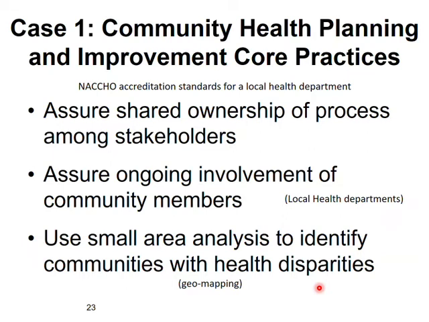improvement of core practices. The example we are going to look at here is local health departments trying to meet certain accreditation standards. We discussed what accreditation standards were in class previously.